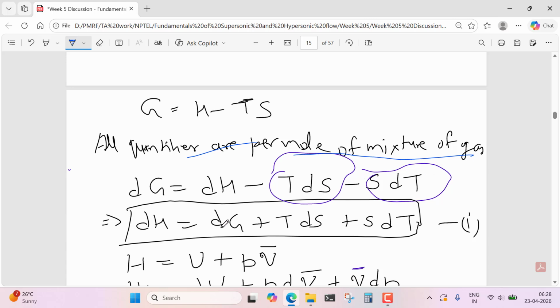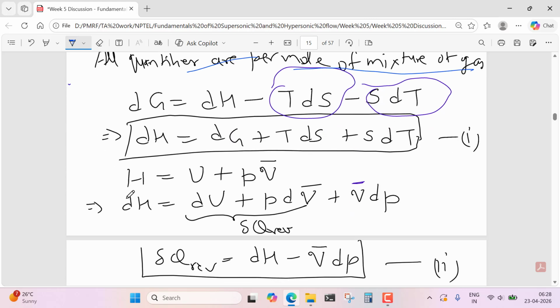Now in the equation there is no volume term. We want a volume term also. So we will write this h using the definition of enthalpy. H equal to U plus P V bar. Why have we taken this V bar?